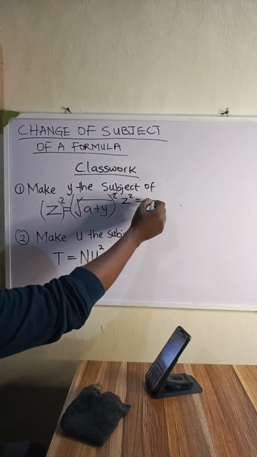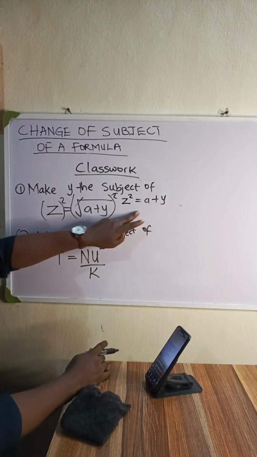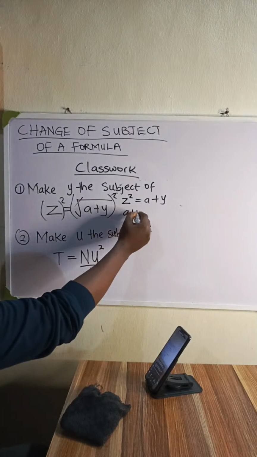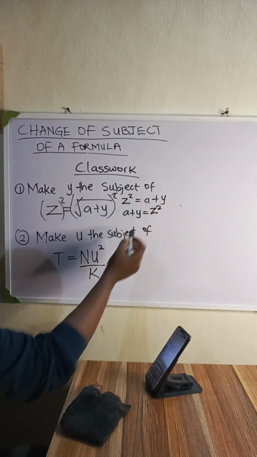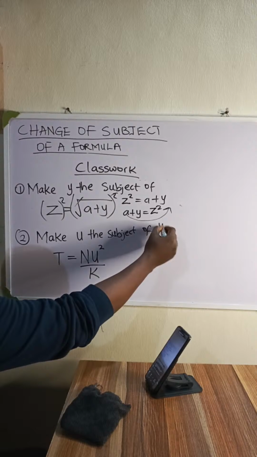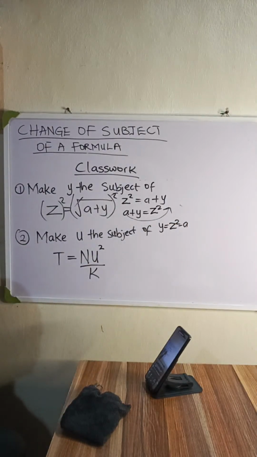Since this is not a fraction, we can just mirror it. So we have a plus y is equal to z squared. And then when you move a to this side, it becomes a minus. So you have y is equal to z squared minus a. And that gives us the answer.